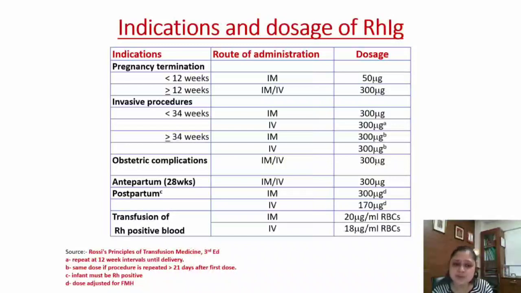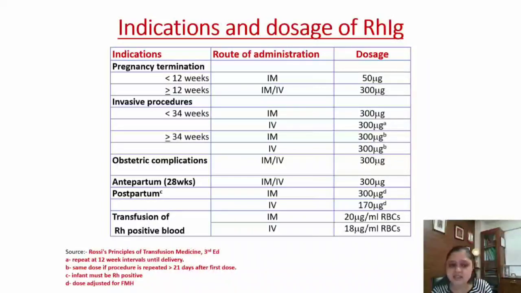And postpartum, as just now discussed, the dose has to be titrated in conjunction with the feto-maternal hemorrhage. However, one vial has to be administered. It could be administered intramuscularly or intravenously.